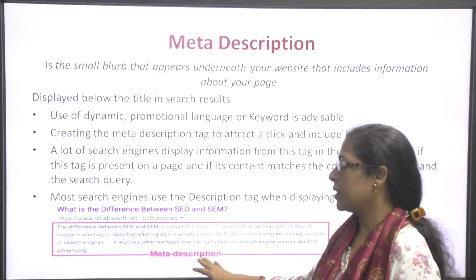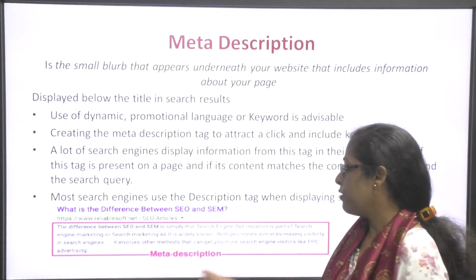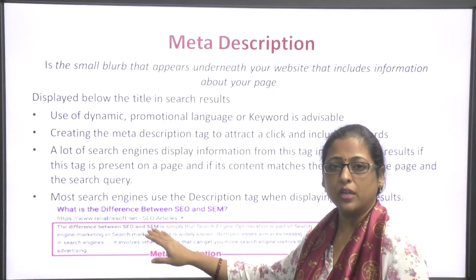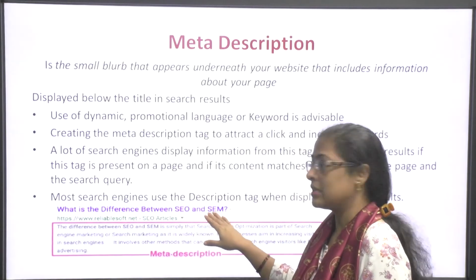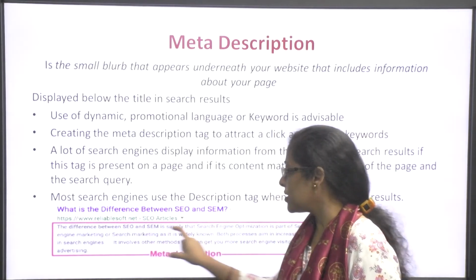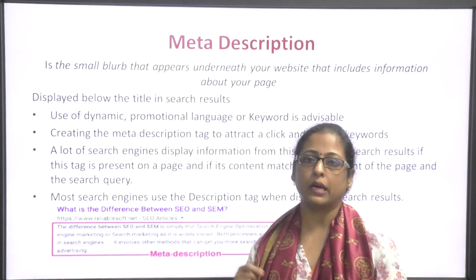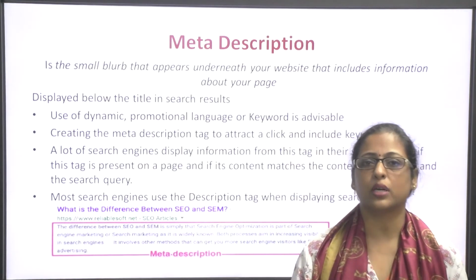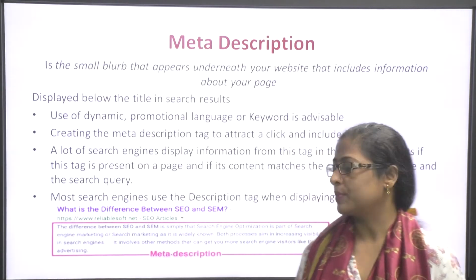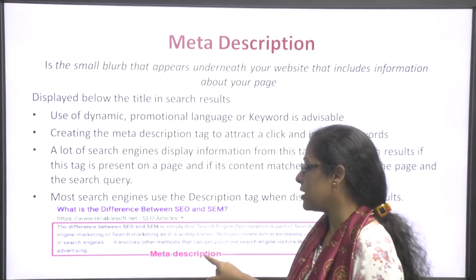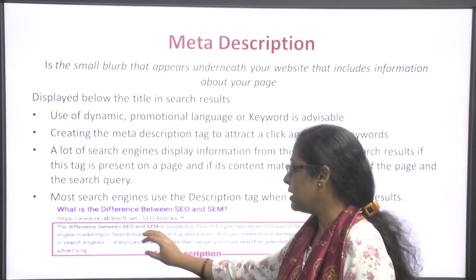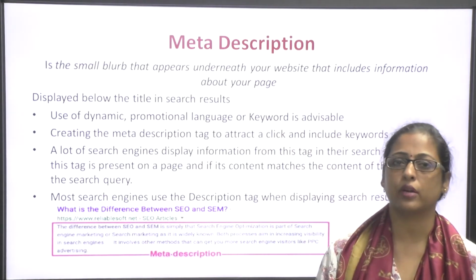As you can see in this particular example, if we search for any page, the headline, the tagline comes up, and a small description that a visitor can see and understand what kind of content this website would show is called the meta description. So, these few sentences are very important.